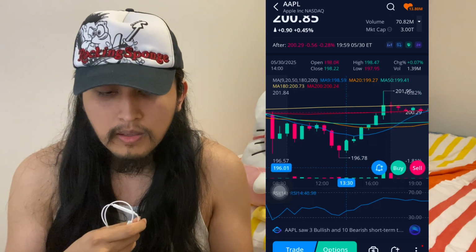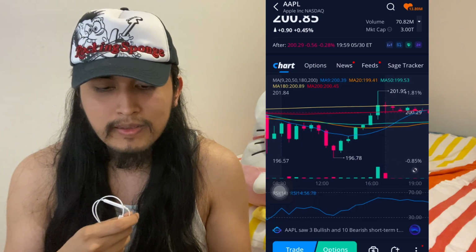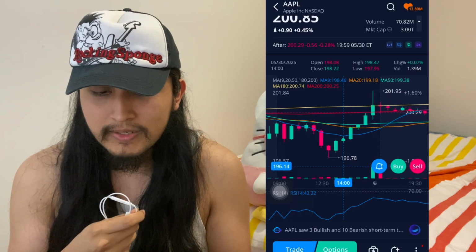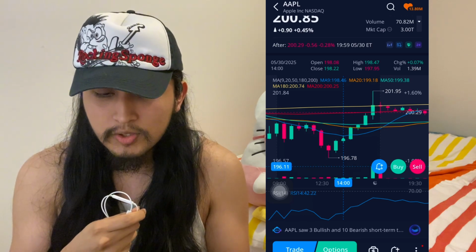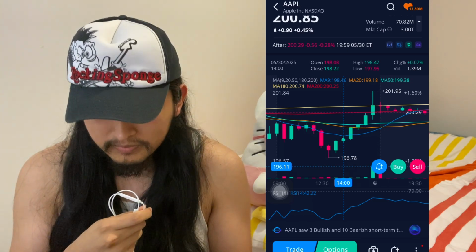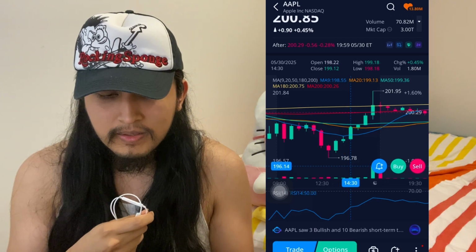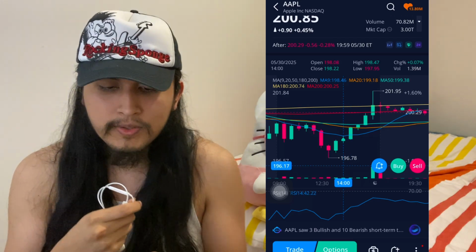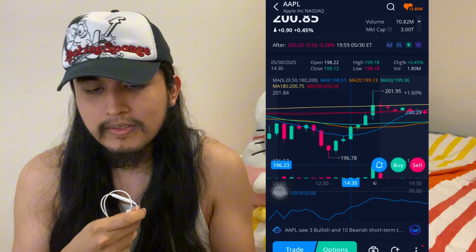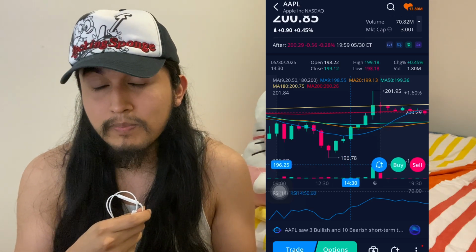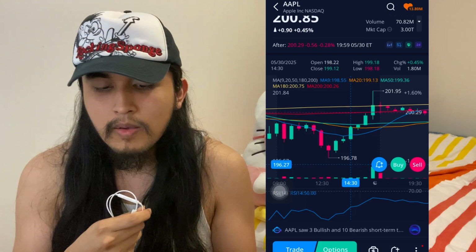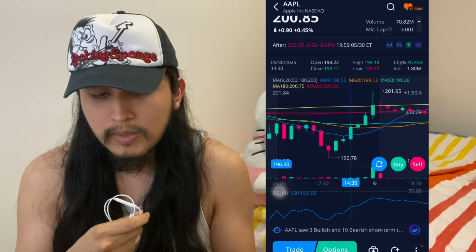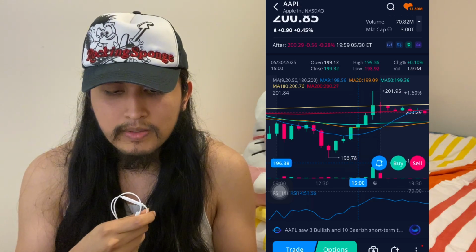let's say throughout the day you bought Apple put options as soon as it approaches the 9-day moving average, and then it breaks through it, and your next buying opportunity would be when it approaches the 20-day moving average, and then it breaks the 20-day moving average and approaches the 50-day moving average.